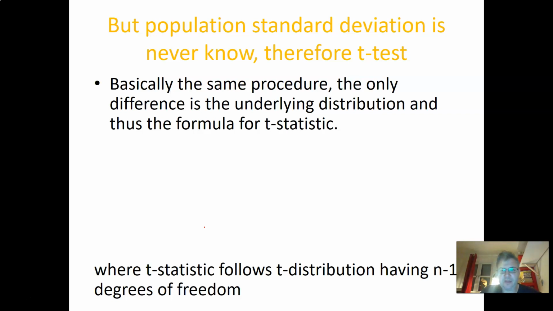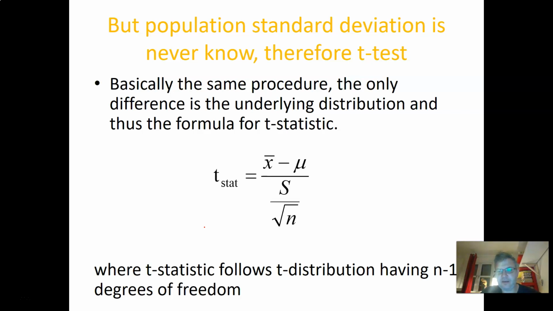So in that case, you need to use the t-distribution. The t-distribution is just another continuous probability distribution, and it takes care of this extra uncertainty built into the hypothesis test when you don't know the true population standard deviation but have to use the sample standard deviation, which is less precise than the standard deviation of the population.